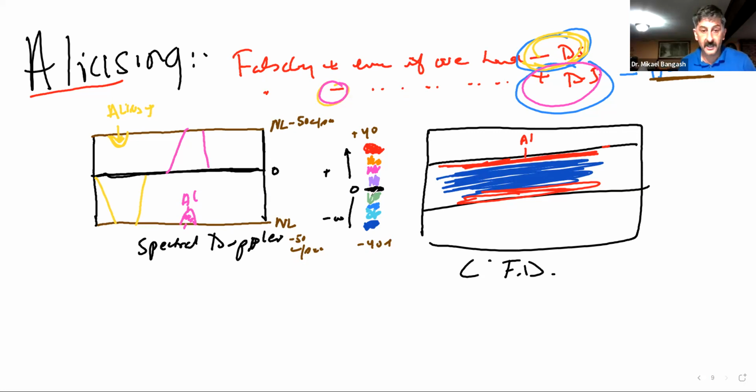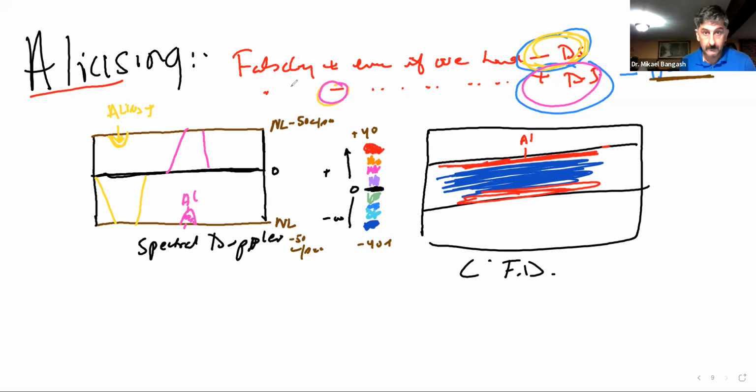Let's just say that each color here represents a scale of velocities of 10 centimeters per second. So the max negative Doppler shift that we were able to record was 40 centimeters per second. That was just where our Nyquist limit was. But if the blood was flowing, let's say, at 50 centimeters per second, that remaining 10 centimeters was going to be represented by the red.